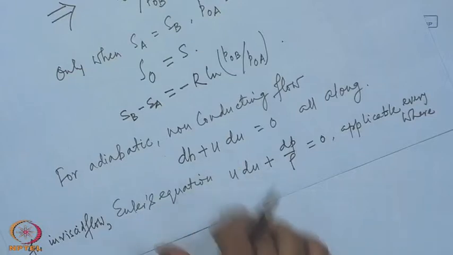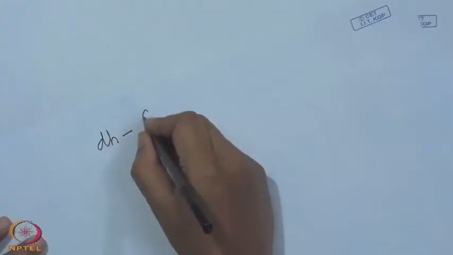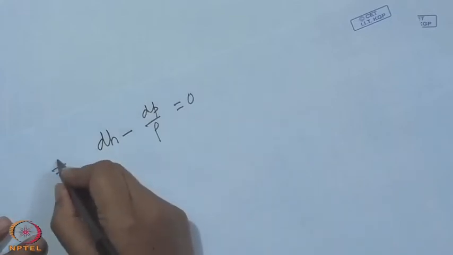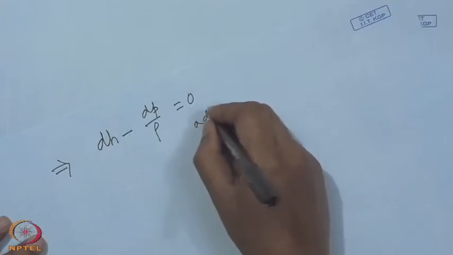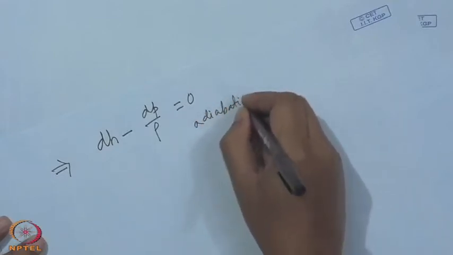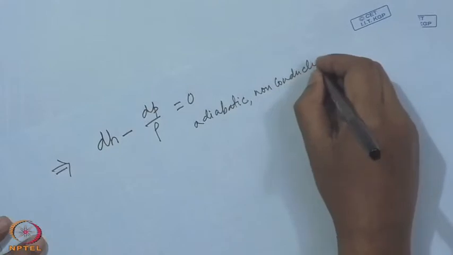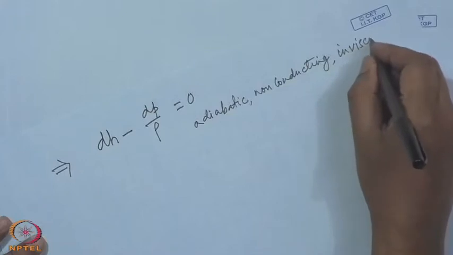Now, combining these two equations, what we get is dh minus dp by rho equal to 0, which is applicable for adiabatic non-conducting inviscid flow.